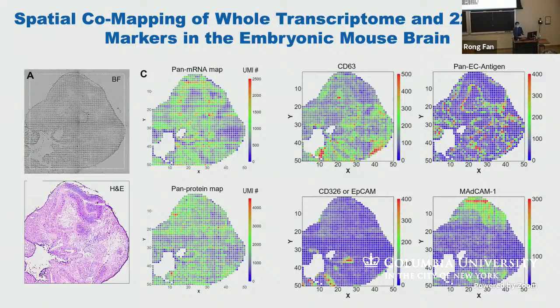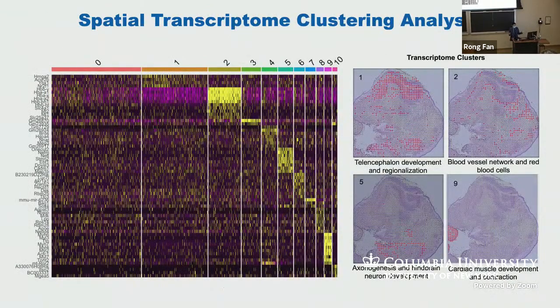From the same sample, we have the whole transcriptome mapped out, pixel by pixel. Then you can do cluster analysis, very much like how you do single cell RNA sequencing. You can find, in this case, 11 different clusters and also what genes determine each cluster. I just want to bring your attention again to cluster 2.